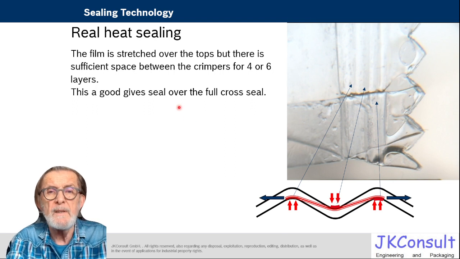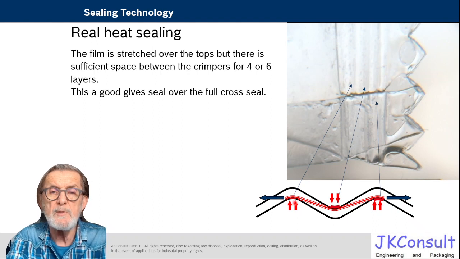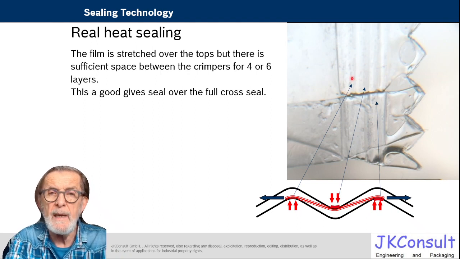Now, what does that look like in reality? In reality, we have the film stretched over those tops, and you see here a seal, and this top actually creates this seal. Now, as there is space, here there's space for film. There can be 4 layers, there even can be 6 layers. Here you stretch it, and in the stretch, in the point of contact, we transfer heat, and that is sufficient to make a seal here and in the 4-layer area.